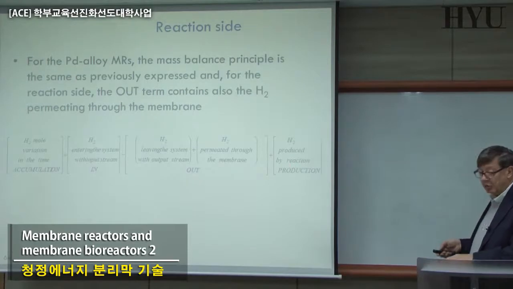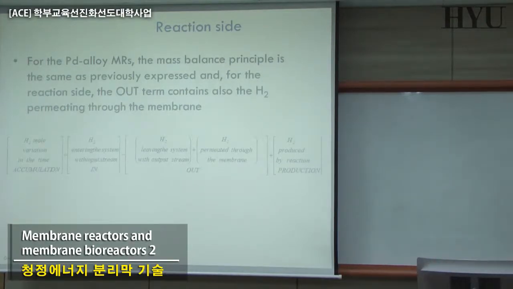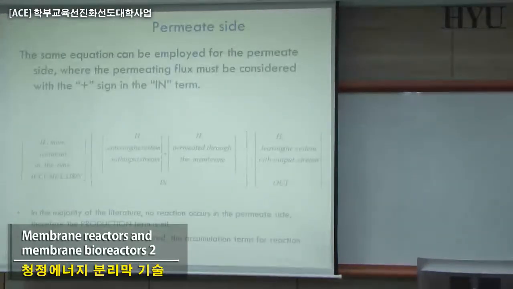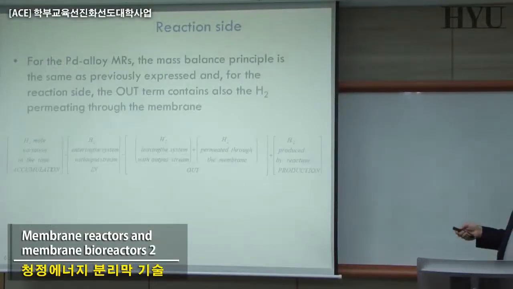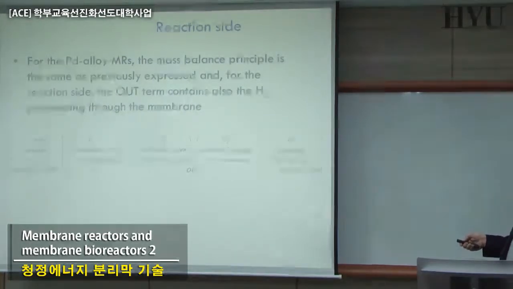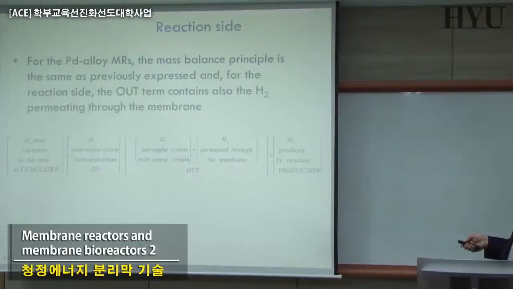The term of production is the one that we now have to introduce and to learn. This is the expression that we are considering on the reaction side, and we have to write exactly the same kind of mass balance on the permeation side.